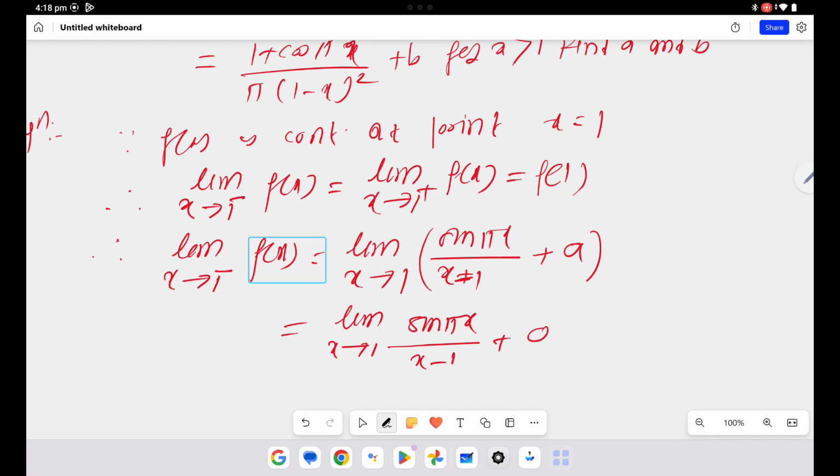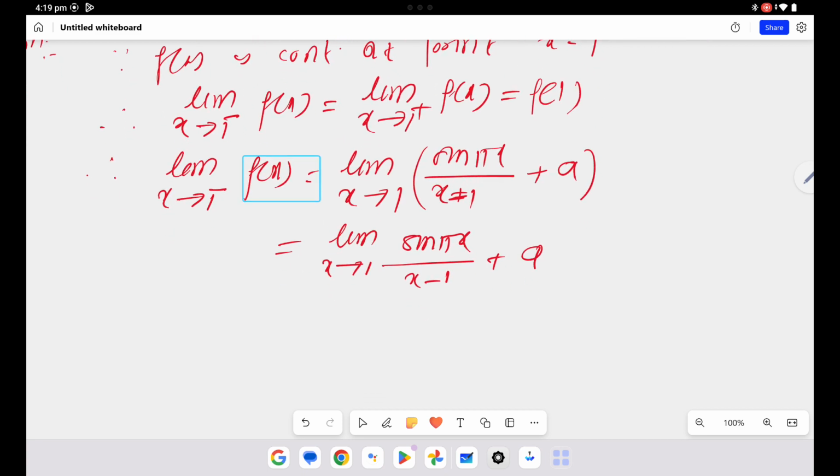Here a is a constant, so a stays as it is. Then we evaluate this limit using the method of substitution, because the limit is of a non-zero form. So we put x equals 1 plus h; as x tends to 1, we get h tends to 0.